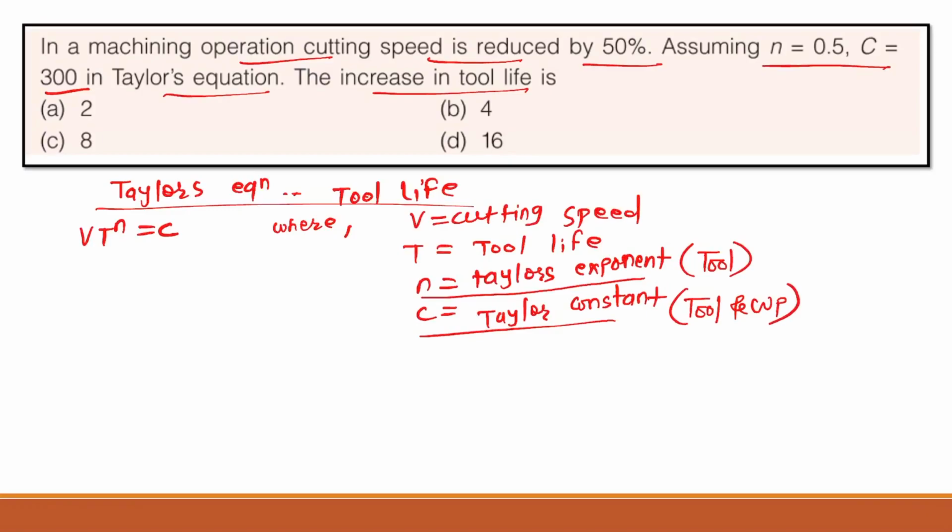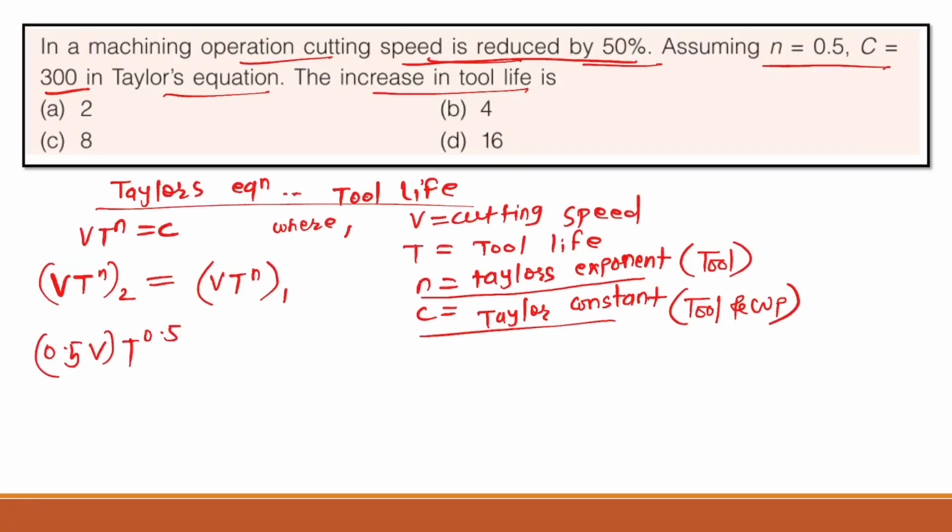By the given condition, we can write this equation as this, right? Now we will put the values. The speed is reduced by 50%, right? So 0.5 V, t raised to power 0.5, this is for second, and V t raised to 0.5, this is for first.